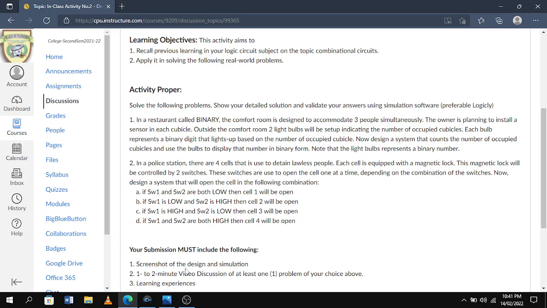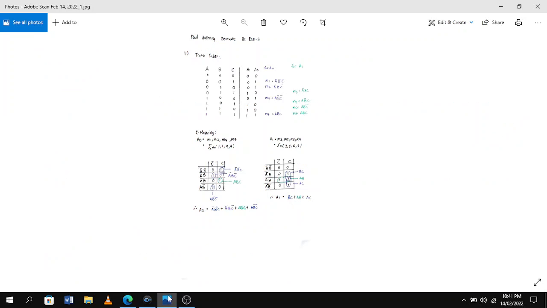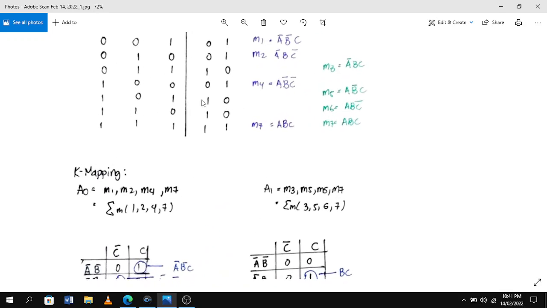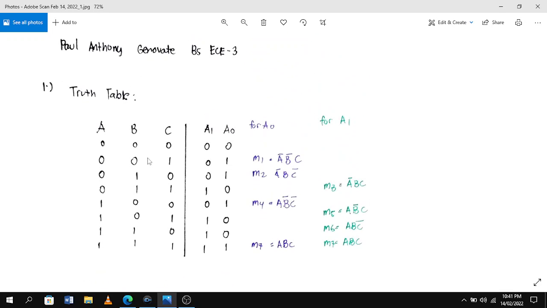So I'm gonna go first to my solution before I go to my design. As you can see, I'm gonna zoom in. We have 3 cubicles, right? So it's represented by these variables A, B, C, and now 2 outputs to represent the 2 bulbs.